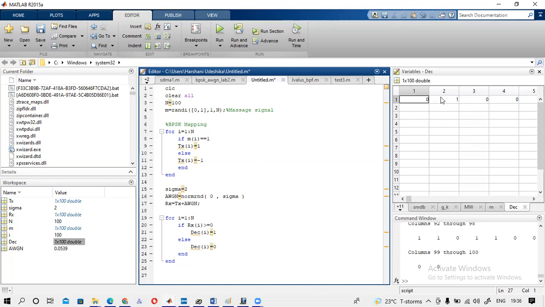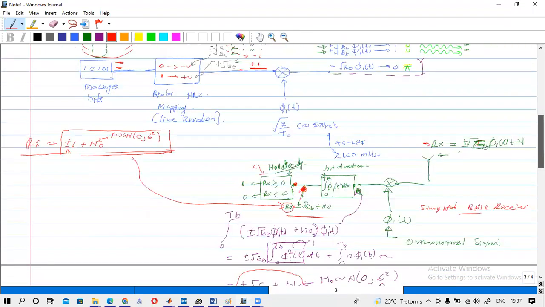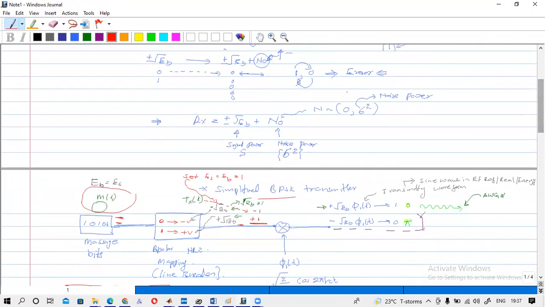Now we have decoded this, and sometimes an error can happen, as we have discussed. When we are at this decision point, it can lead to some error.